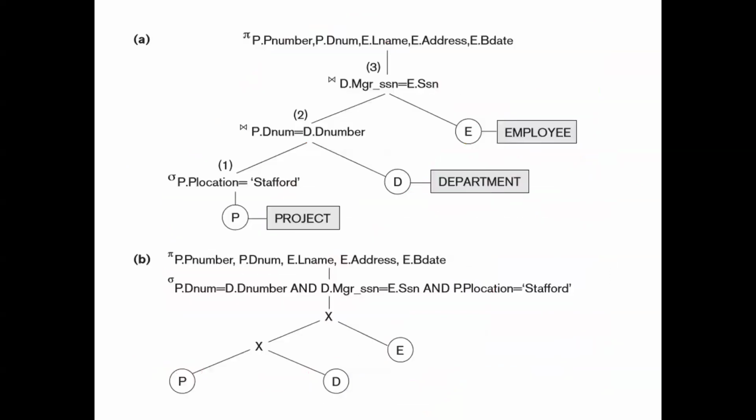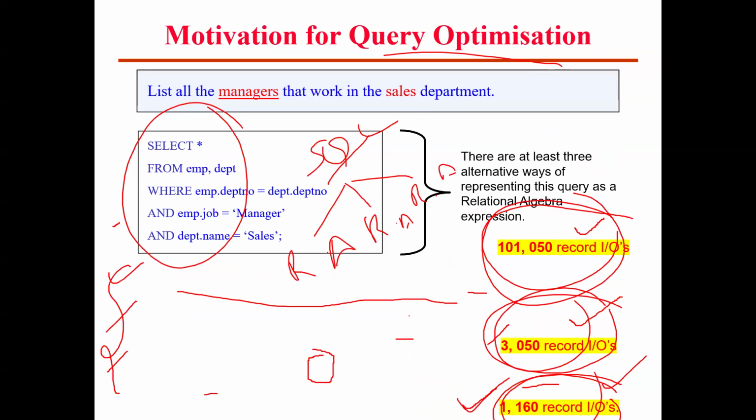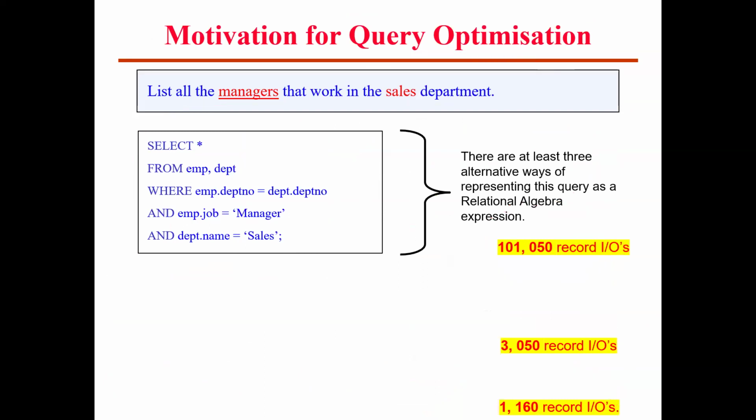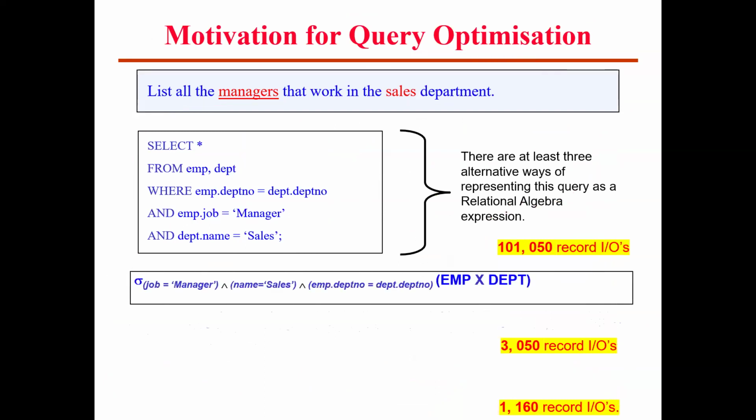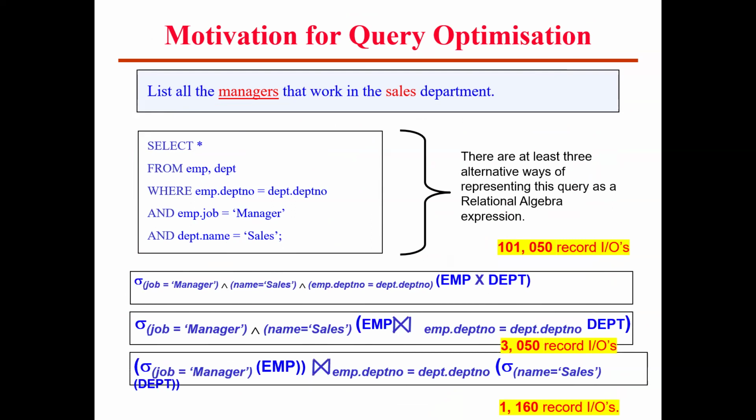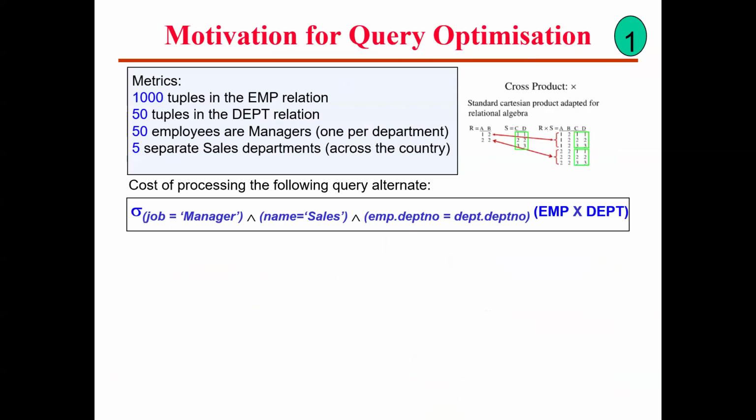Okay, let's erase all the links and move here. We discuss these three ways of representing the given SQL query in the form of relational algebraic expressions. Now let us take the first one.